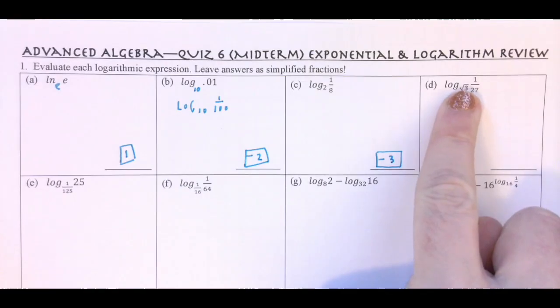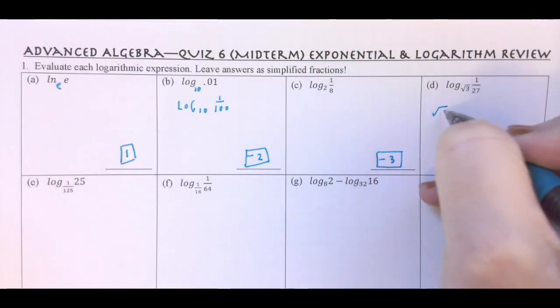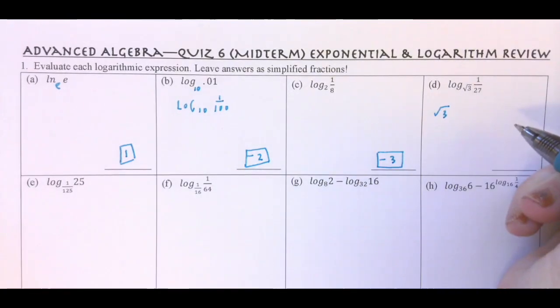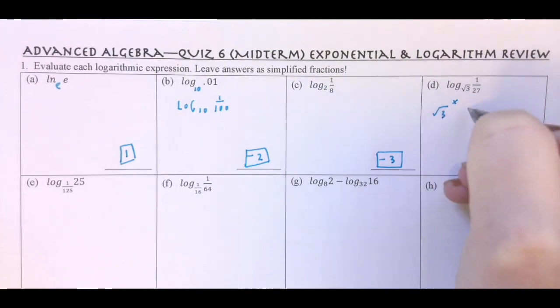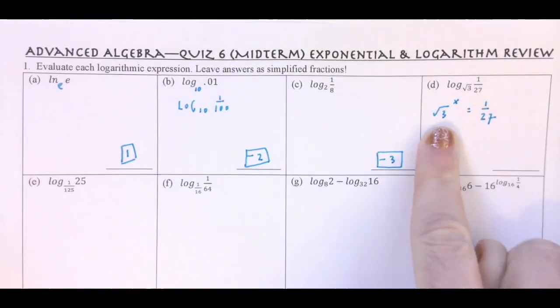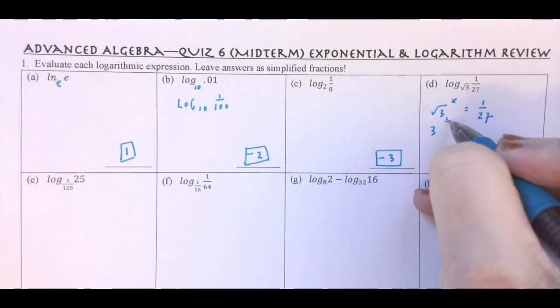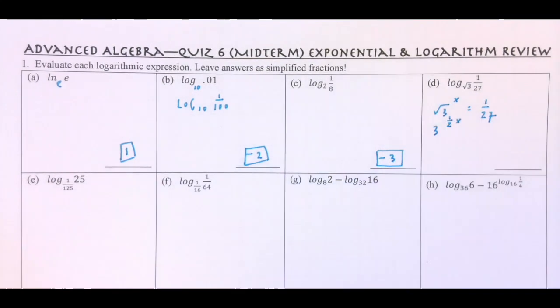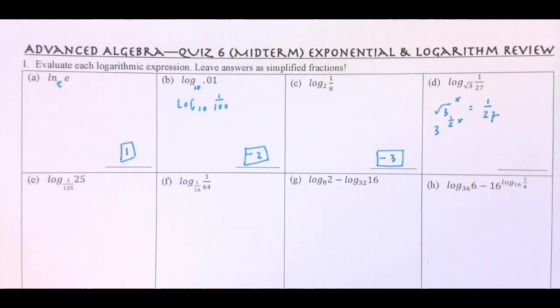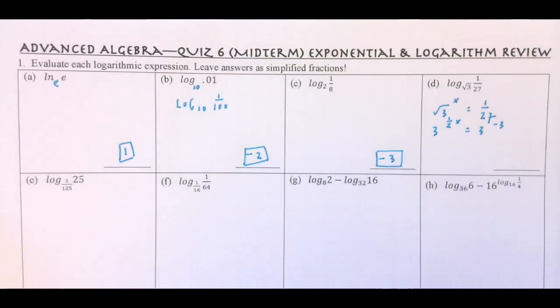Okay, this next one, I have a square root of 3 in the base. I'm going to visualize that one. So square root of 3 to what power gets me 1/27? Okay, square root, that's the same thing as saying 3 to the 1/2 power. So 3 to the 1/2 x power equals 3 to the negative third power.